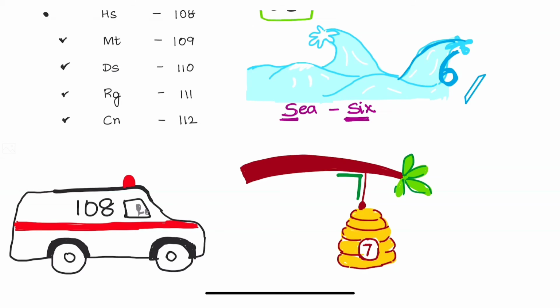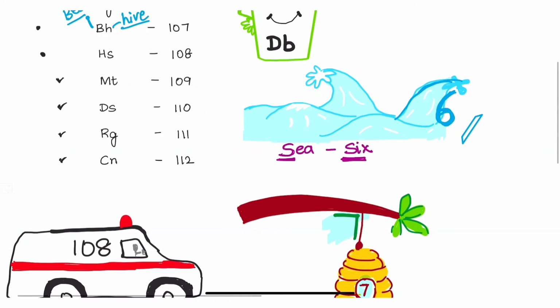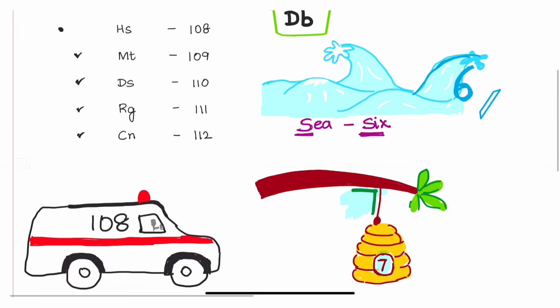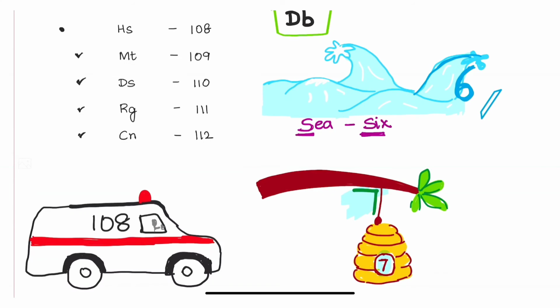Just remember this picture. You have got the number 7 over here. So yes, you can remember that way. For Bohrium, it is 107. Beehive, in this picture, this number 7 is depicted. So beehive, Bohrium, 107.